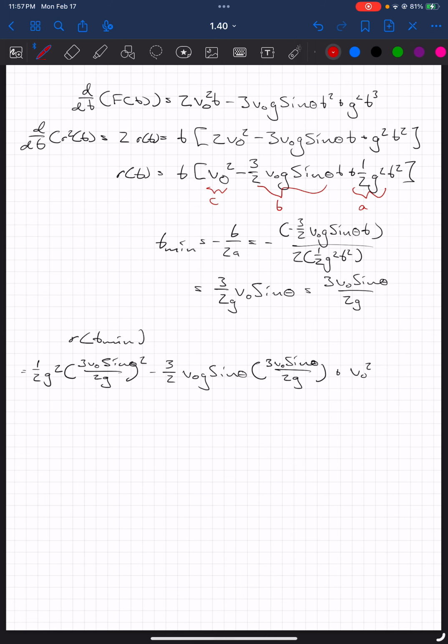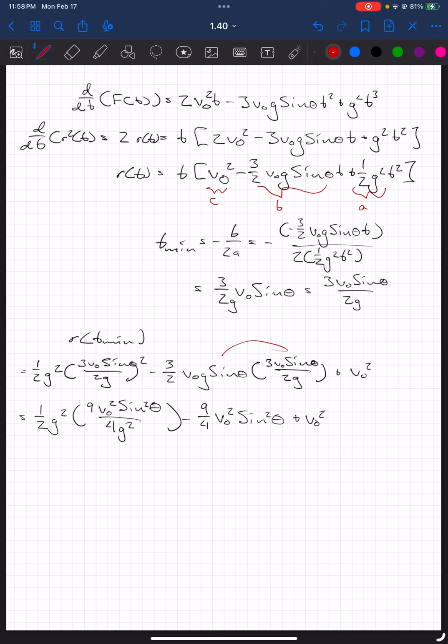And we start multiplying and we start canceling. First we'll square that. So 1/2 g squared times 9 v naught squared sine squared theta over 4 g squared, minus 9 over 4 v naught squared sine squared theta, plus v naught squared.